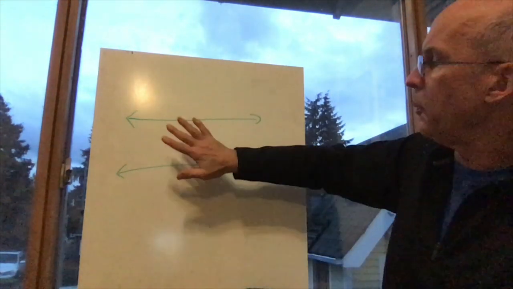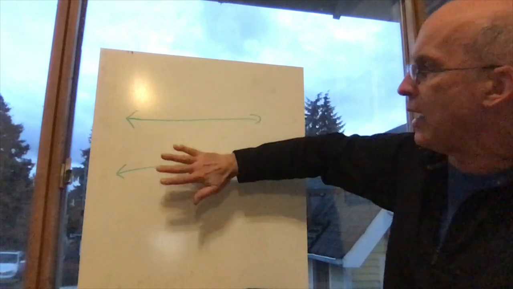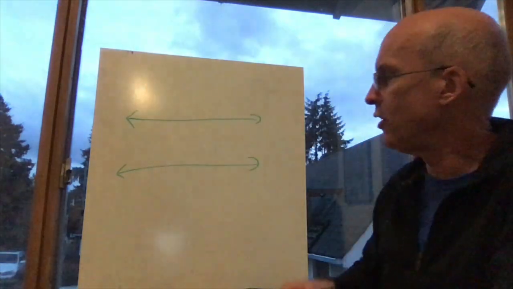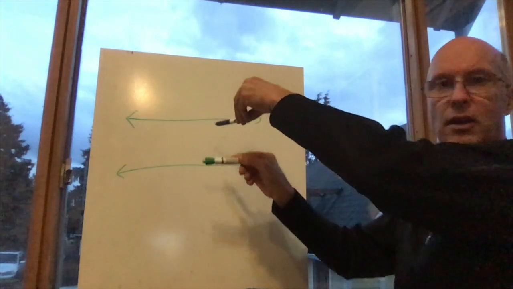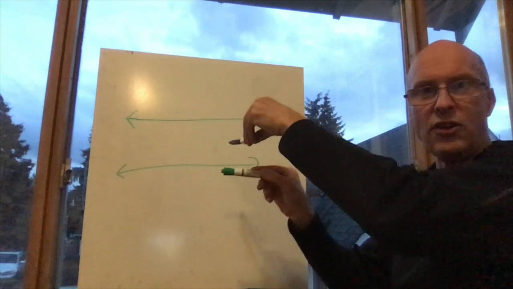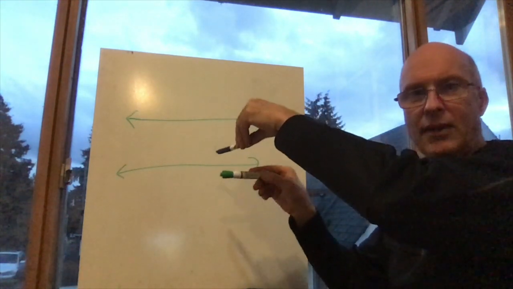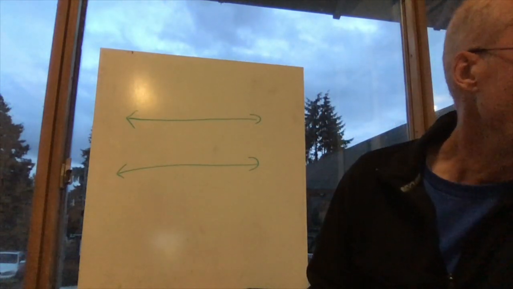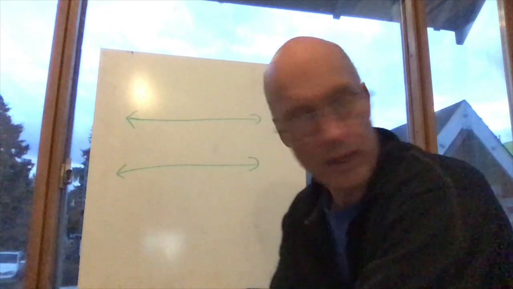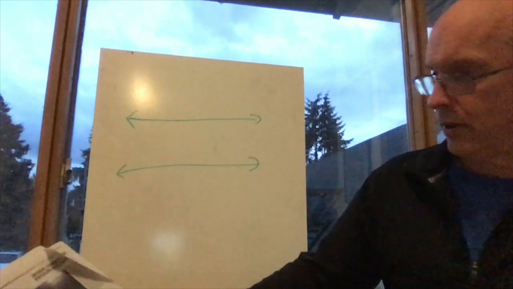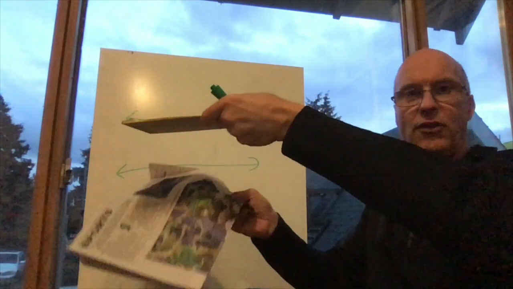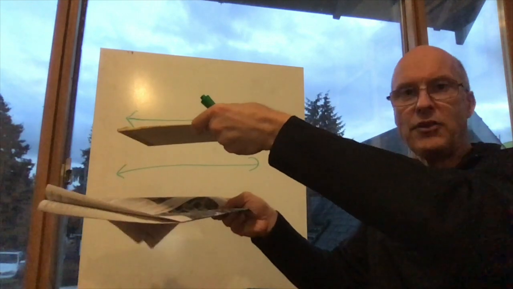So sorry, parallel lines are in the same plane and they don't intersect. Skew lines could be going like this. Can you see that? They're going different directions. So they're in different planes and they don't intersect. That's a little different. And then parallel planes would be two planes that don't intersect.